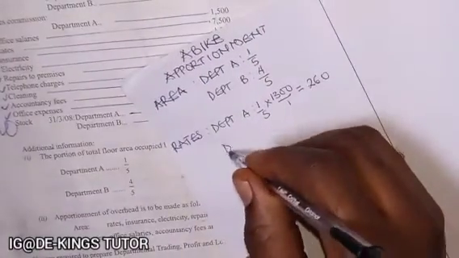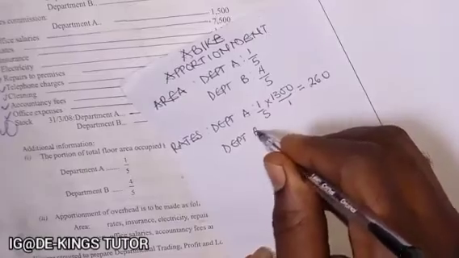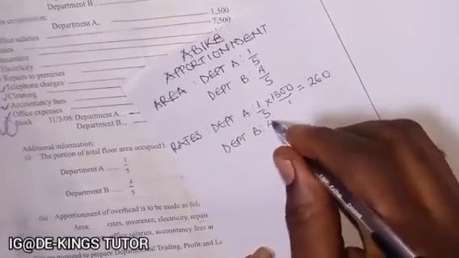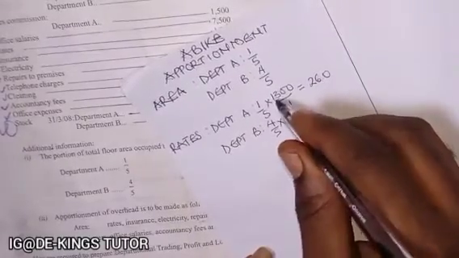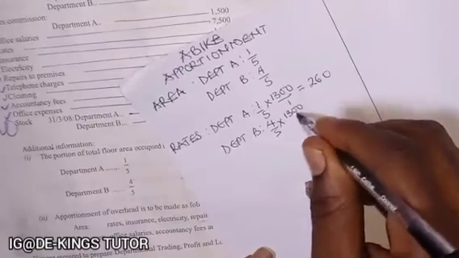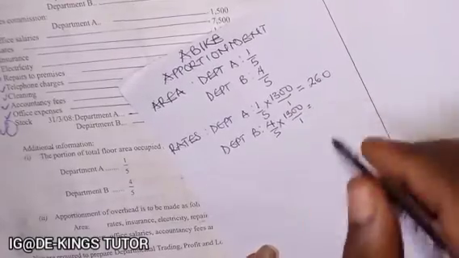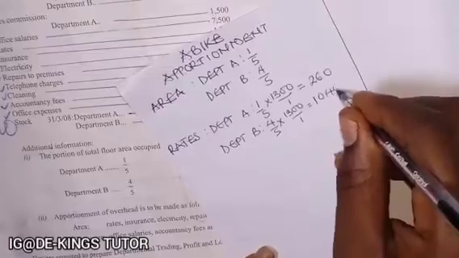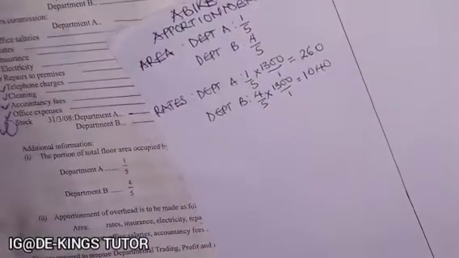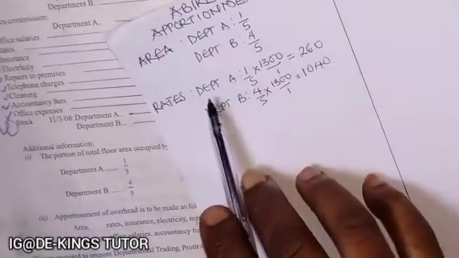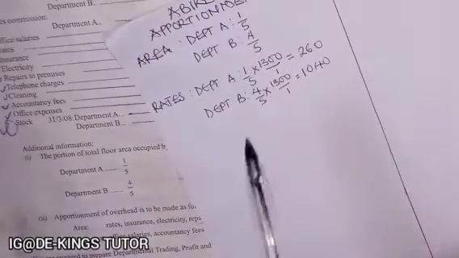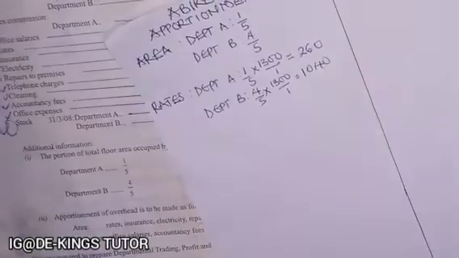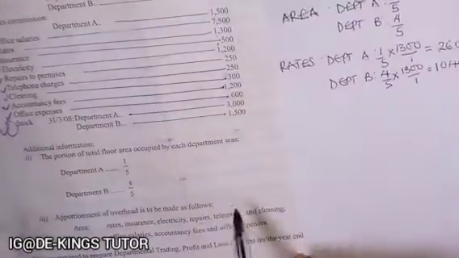Now department B will be equal to 4/5 times the total 1,300 over 1, and using my calculator this will give me 1,040. Okay, so anytime you've divided it for departments, when you add it together, it's supposed to give you the totality of that expense, the actual expense. Okay, so that's the first one, rates.